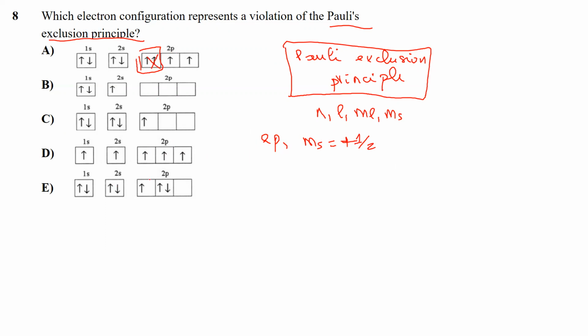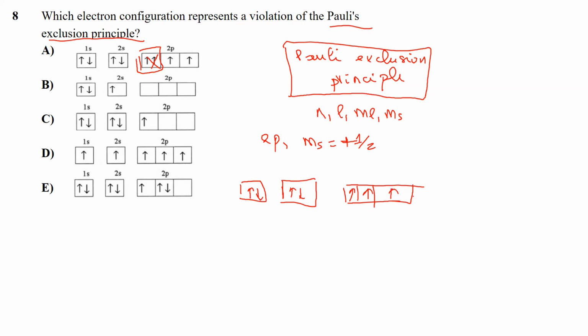In all of these, other rules are not respected. For example, here the Hund rule is not respected, because if you want to do it stably, you will have this 1, 2. This is good. But for the 2p, what is better is to fill them and maximize the number of the same spin.